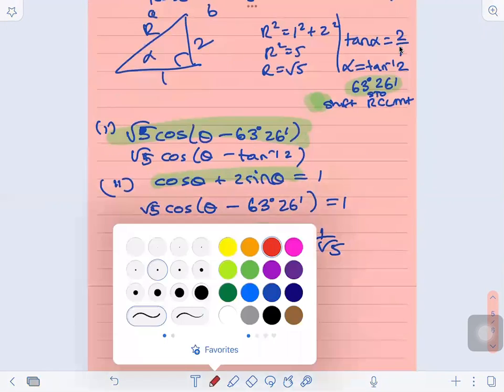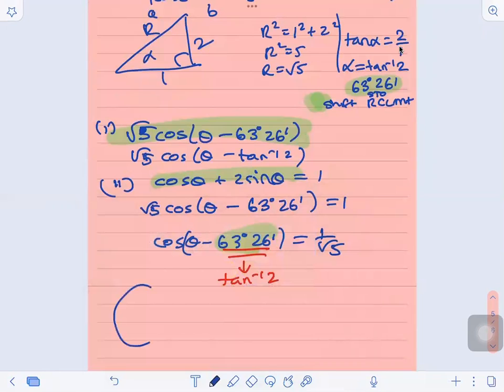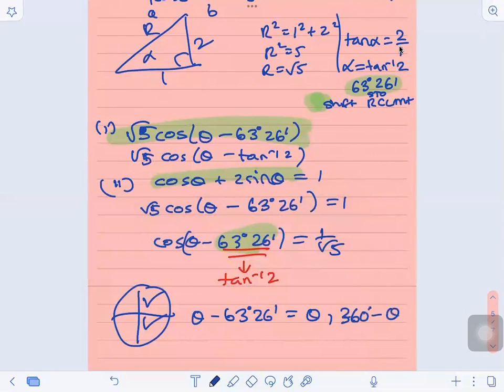Okay, so where is cos positive? Here and here. So that means it's going to be theta minus 63 degrees 26 minutes, which is theta and 2 pi. We're not doing 2 pi, we're doing degrees. 360 degrees minus theta. Okay, so what is the acute angle? The acute angle would be cos the minus 1 of 1 on root 5.